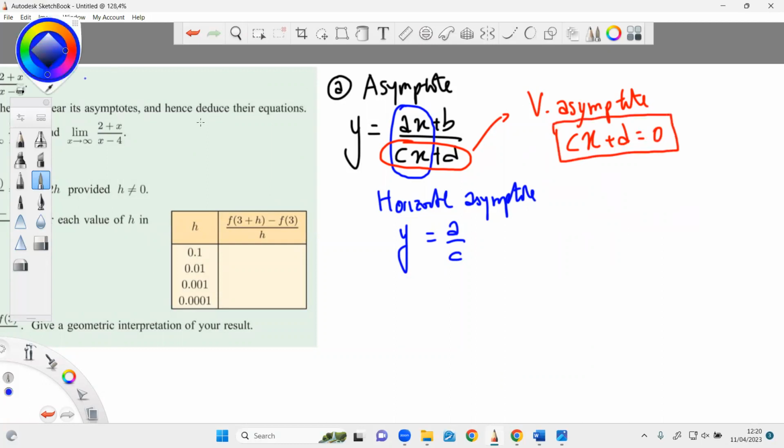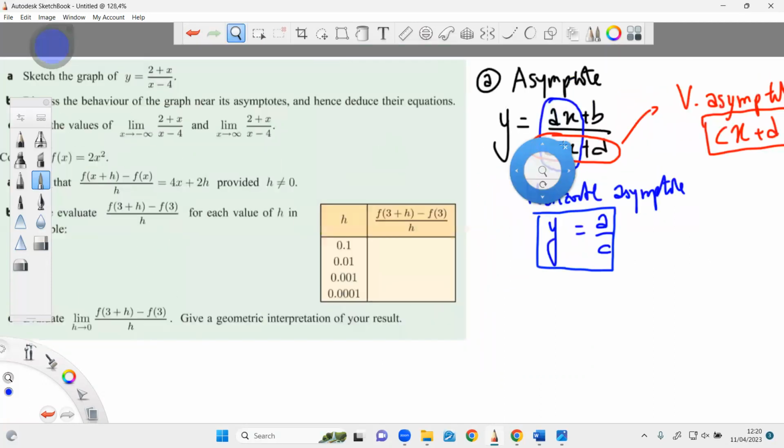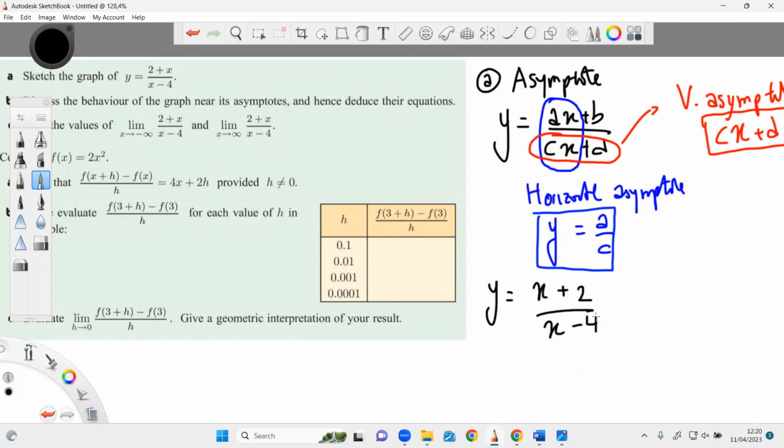Here we have two formulas. Then let's try to solve for question A. Y equals, we can put it like this, right? By following this kind of understanding.